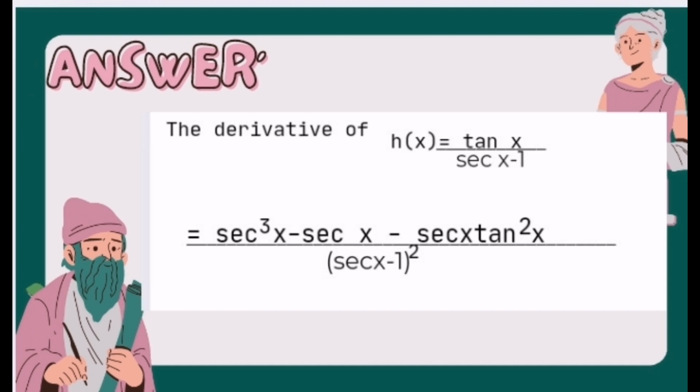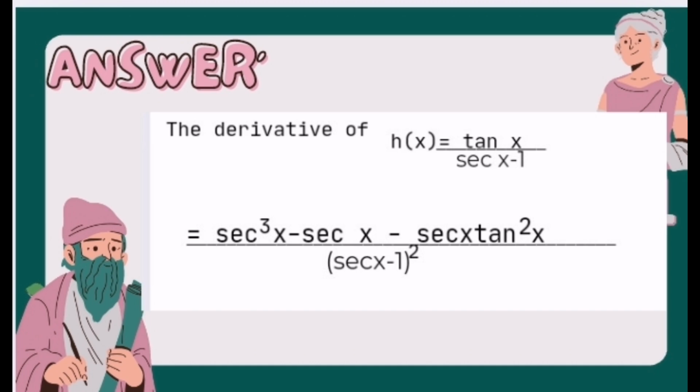After expanding the numerator and simplifying, we get the final answer. The one we simplified earlier is h of x equals secant cubed x minus secant x minus secant x tangent squared x over the quantity of secant x minus 1. That is the final answer.